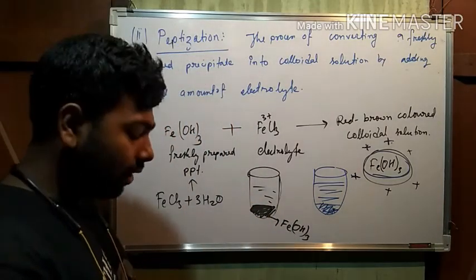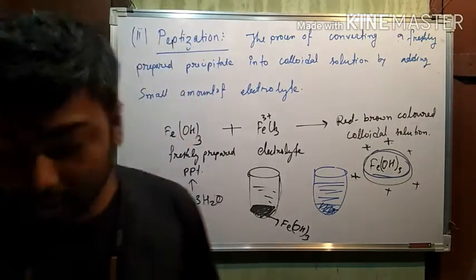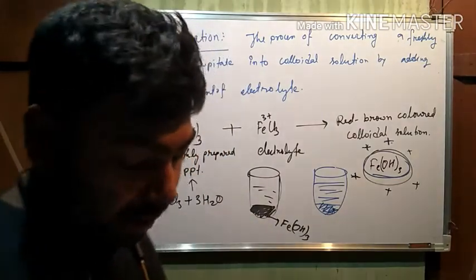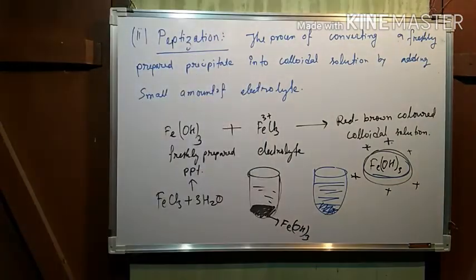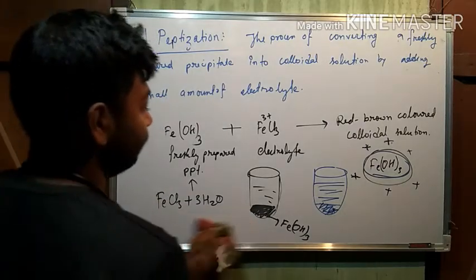Okay, clear? Okay. And the last preparative method is Bredig's arc method. Now see what it is.